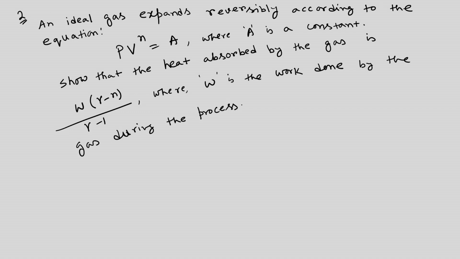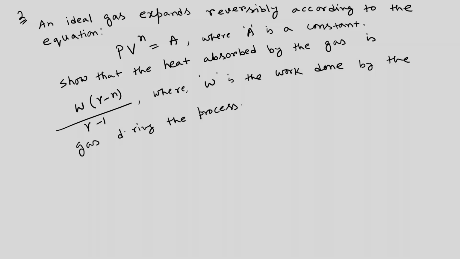So, the second problem is an ideal gas expands reversibly according to the equation PV to the n equals A, where A is a constant term, so that the heat absorbed by the gas is W times gamma minus n by gamma minus 1, where W is the work done by the gas during the process. Okay. So, it's a very important problem. So, how we will solve it?